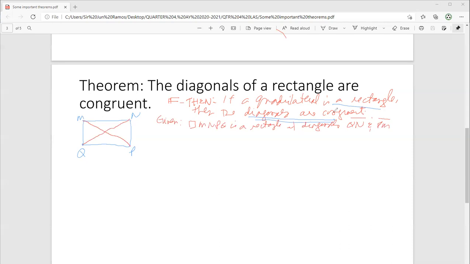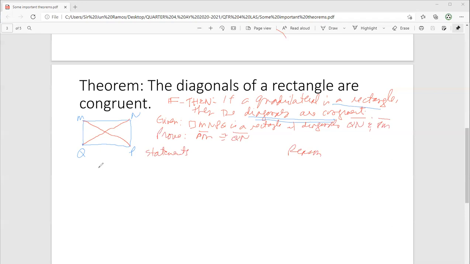Okay, that's given and you want to prove that segment PM is congruent to segment QN. Okay, and we will proceed with the following statements and this will be your reason.